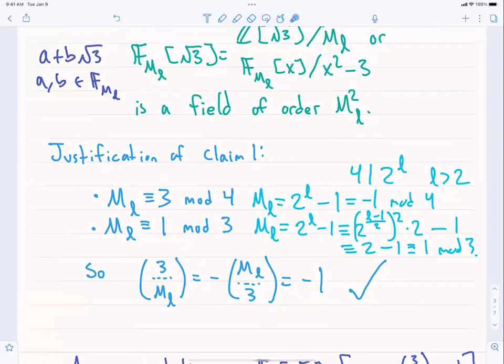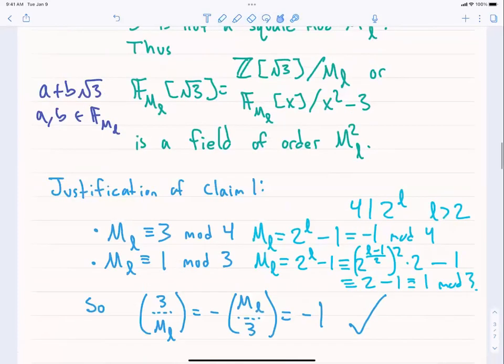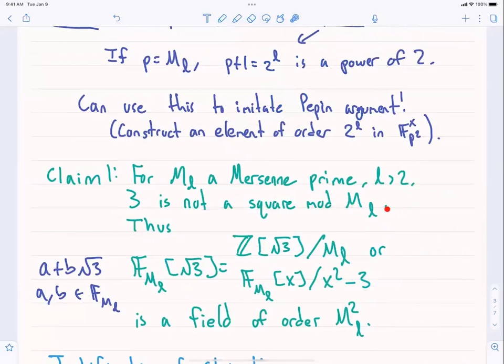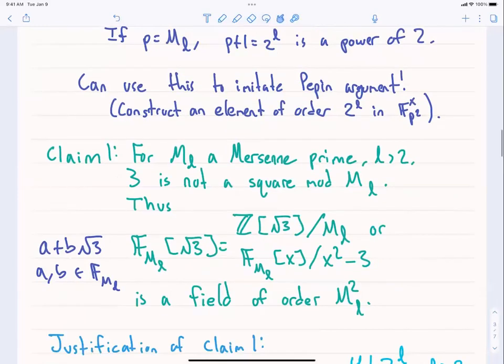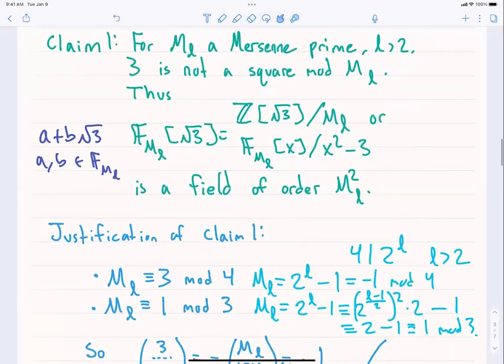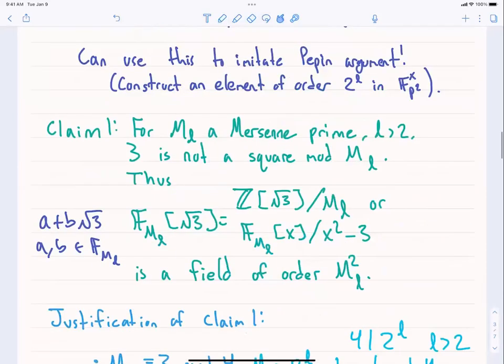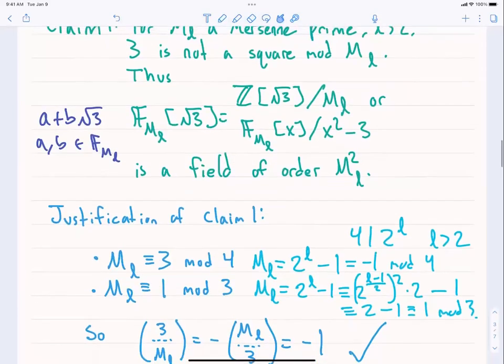And so this gives me minus 1 total. So the Legendre symbol of 3 over M_L is minus 1, and 3 is not a square modulo M_L, which is exactly what I claimed. Okay, good. So this gives us where we're going to work: this field with M_L squared elements when M_L is prime.